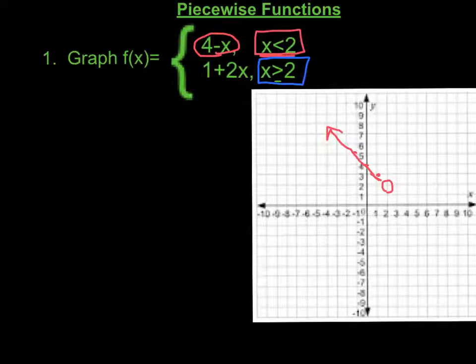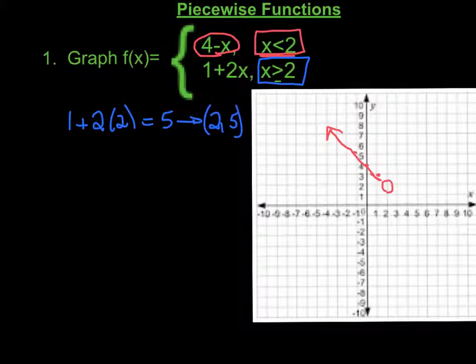So I'm going to do the same thing. I'm going to plug in 2, but in this case, it does include an x value of 2, so I'll have a solid circle at that point. So I'm going to plug in 2 into the 1 plus 2x, so 1 plus 2 times 2, and I will get 5. So I know the point is 2, 5.